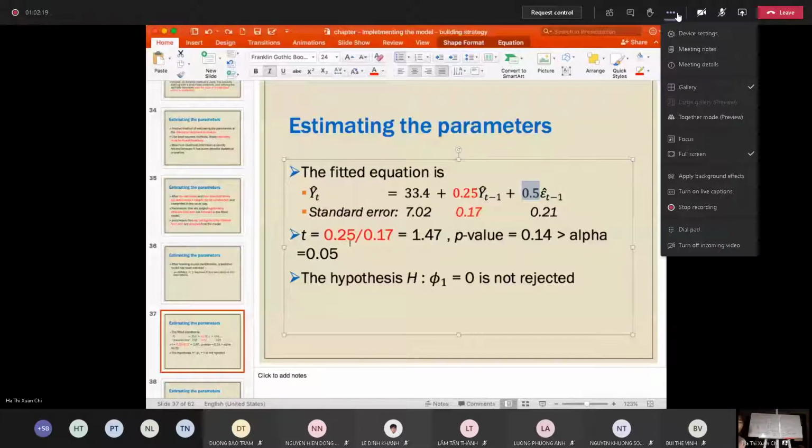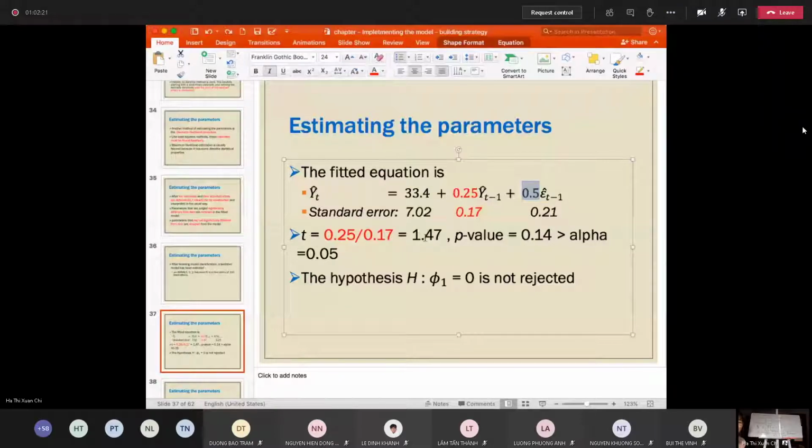So in here you calculate the t value and the p value. The p value here is 0.14. 0.14 is greater than alpha, so that is the p value, that is alpha, right?